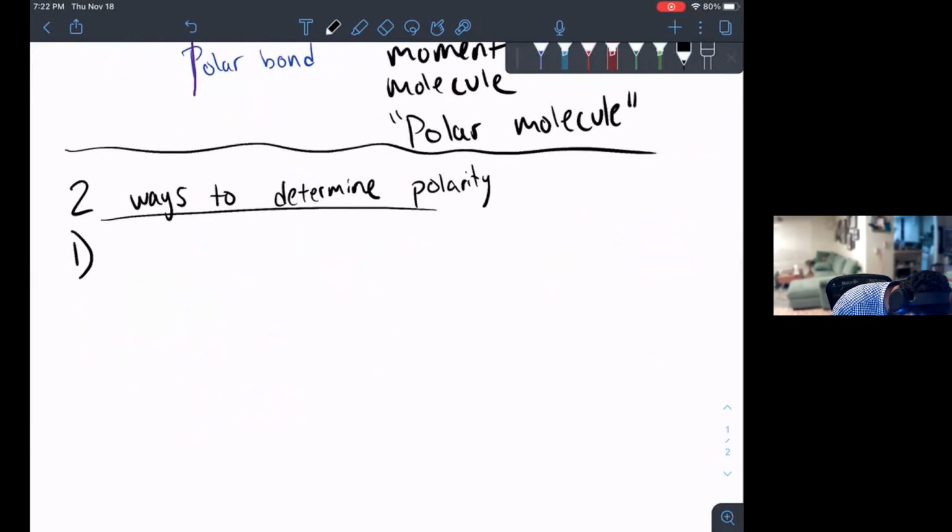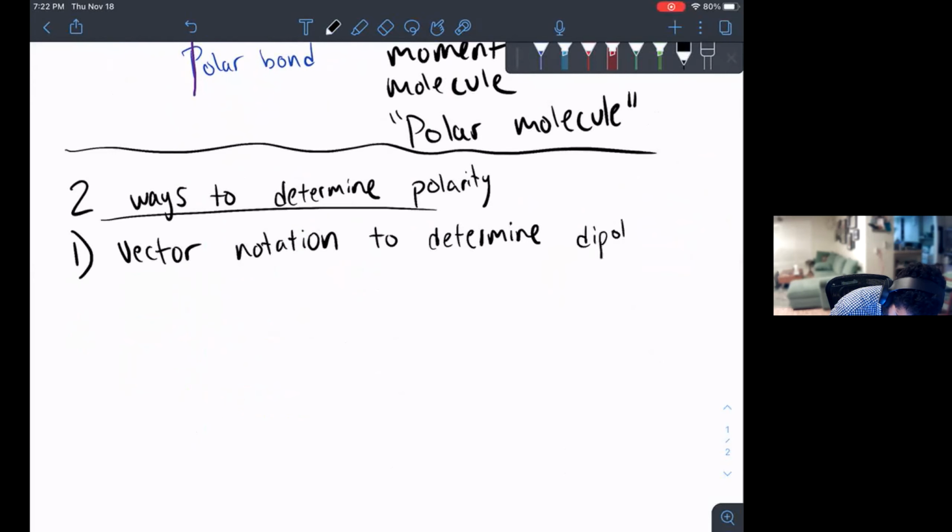So step one, we're going to use vector notation to determine dipole moment. This is a big fancy way of saying we're going to use arrows to see if there's actually a dipole.